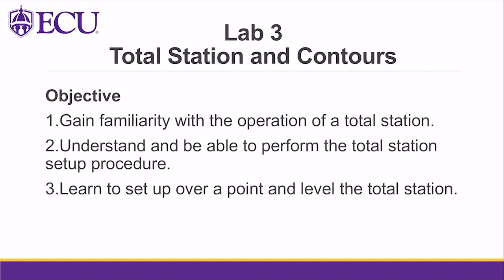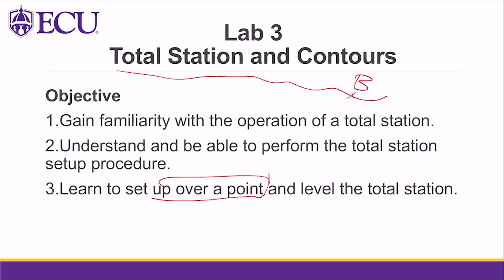So here you may notice that it says over a point. When we did leveling, the goal was just know the benchmark and point of interest or turning point, and then we wanted to set up somewhere roughly halfway between the two points to cancel out the error, right?